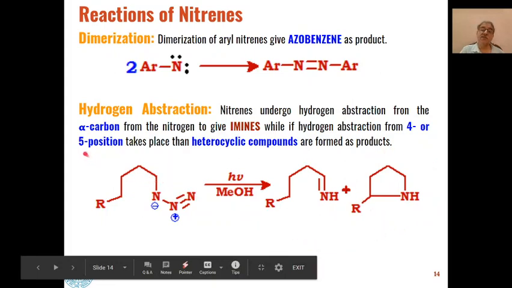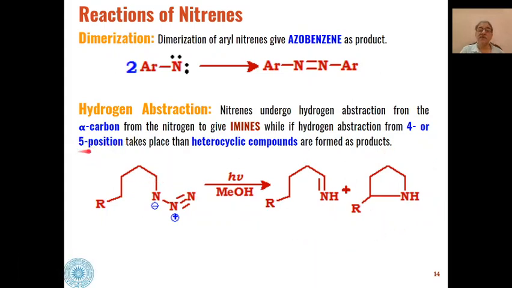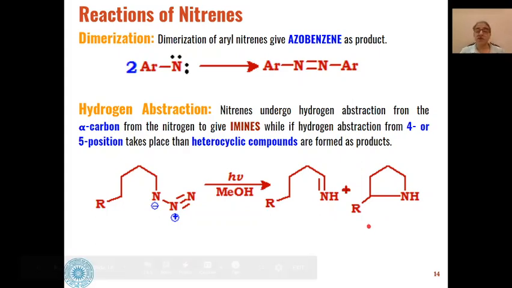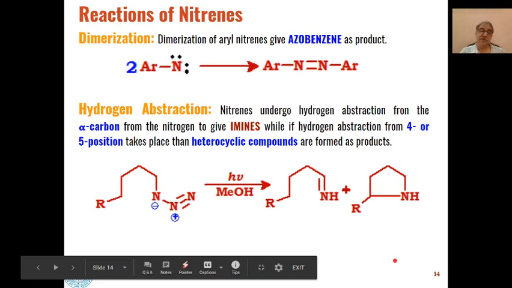Similarly, if in any other compound there is a possibility of abstraction of hydrogen at the 5 position, then we will get a 6-membered ring. But as I have told you, 5-membered ring formation is preferred over any other ring size, that is, 4-membered or 6-membered rings.